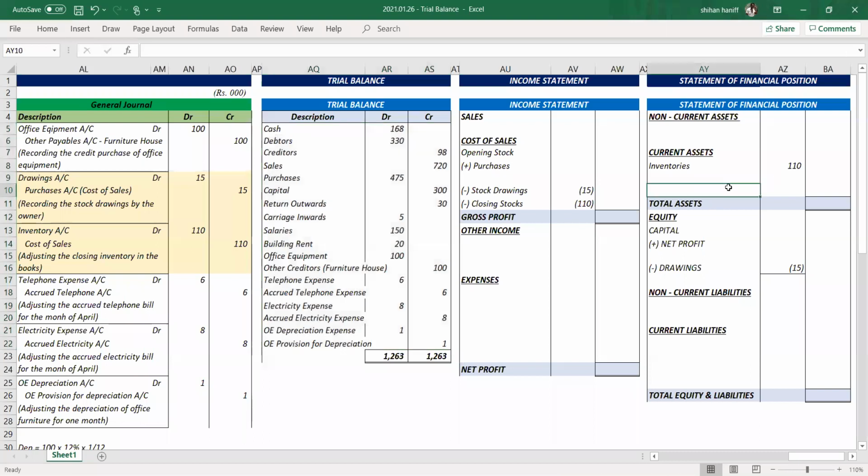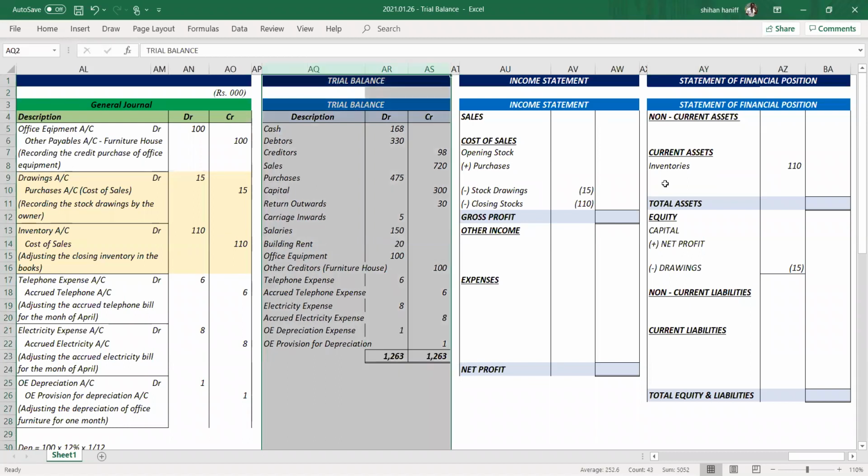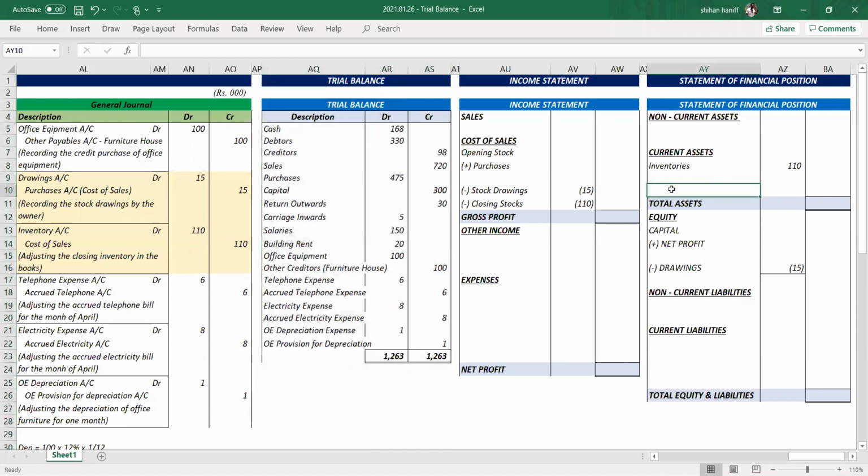Right. Now the adjustment is done. The remaining balances from the trial balance we have to take to the financial statements. Cash 168. Debtors 330. Debtors is a current asset.